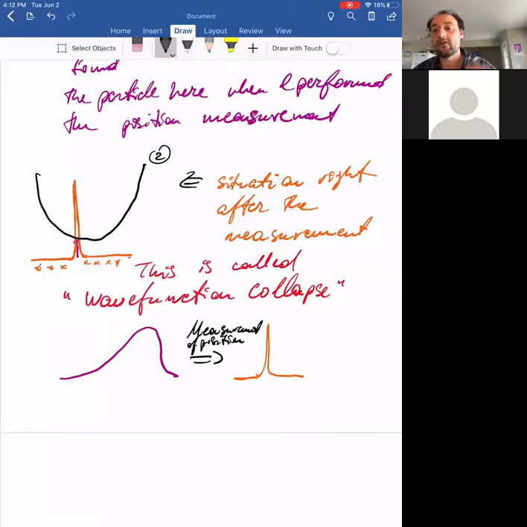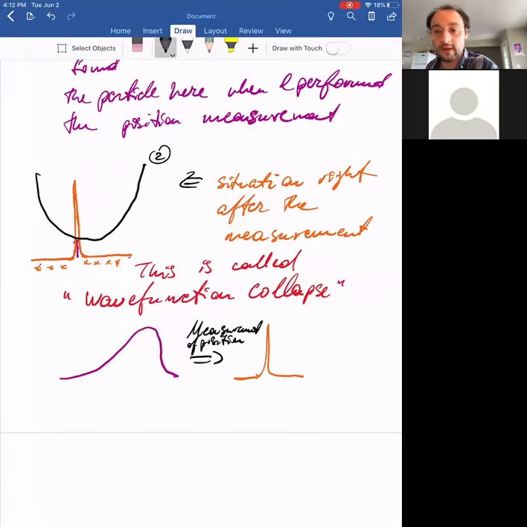The act of measurement forces the particle to take a stance and to take on one of the possible values of position, weighted in accordance with the position probability distribution. That's the modern interpretation of quantum mechanics. I didn't develop or invent this interpretation.